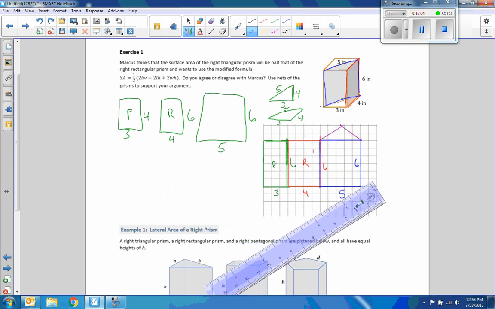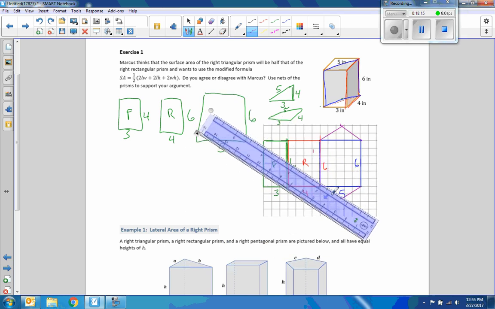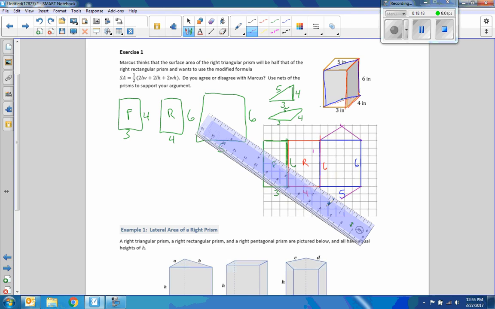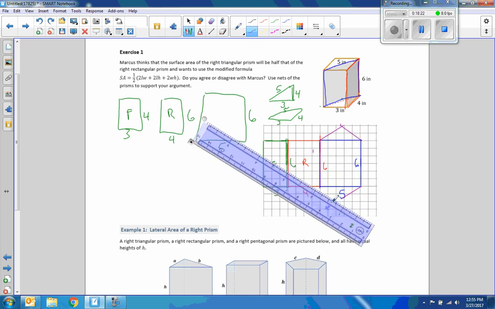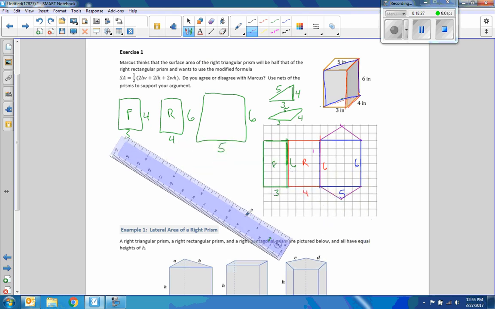Do the same down here. And those are the top and bottom pieces, where this length is 3, this length is 4, this length is 3, this length is 4.